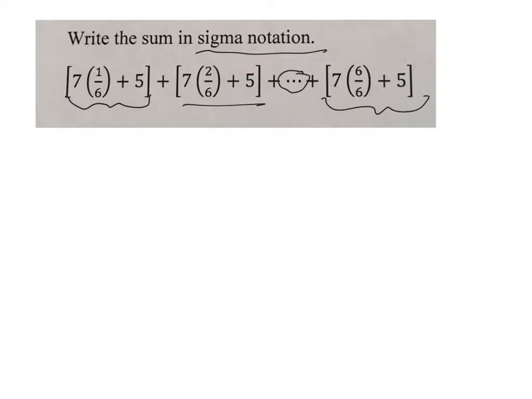A lot of times we write summation notation because there are so many terms it gets really, really long if we wrote out every single part. So a lot of times we'll just shorten it up, and that is why the sigma notation has been created.